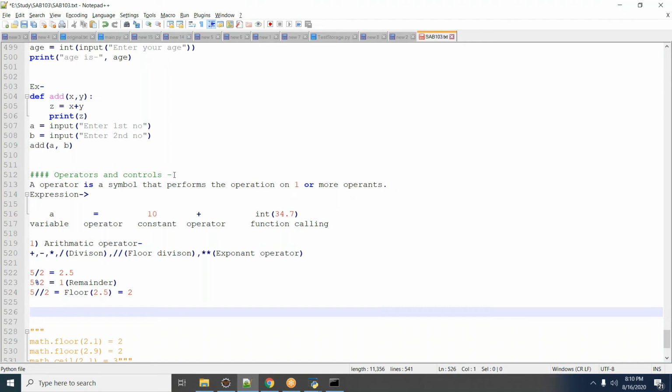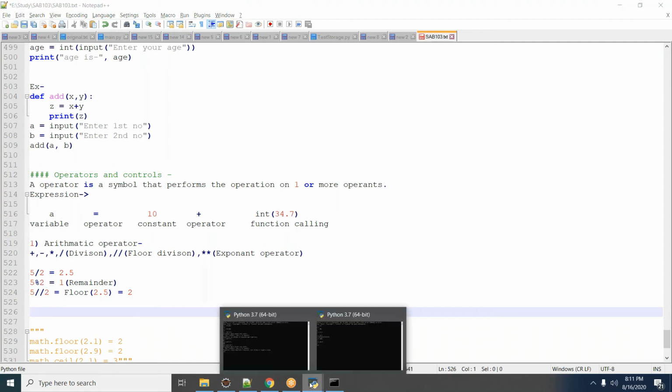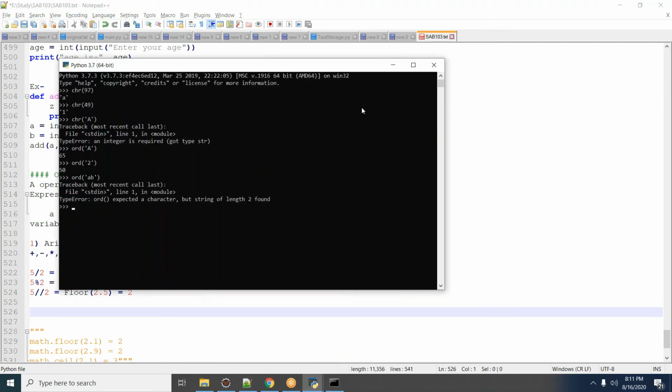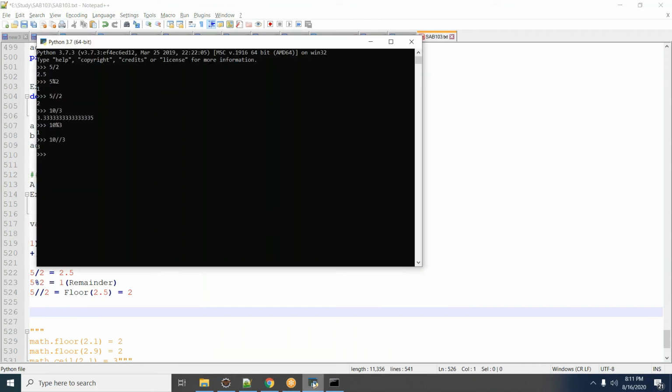Apart from that, the next is the exponent operator. So what is the exponent operator? Let's say I want 2 to the power 3. If any of you read about it during your school days, if you want to do 2 to the power 3, the output will be 8.